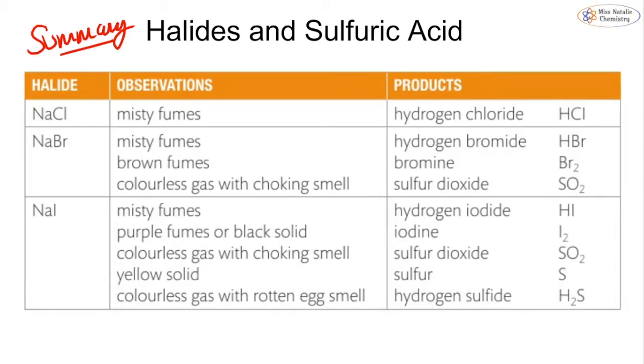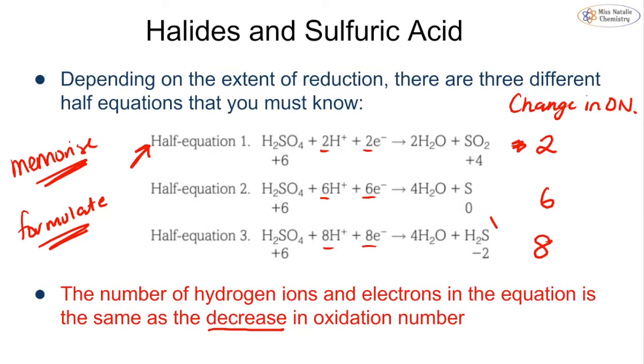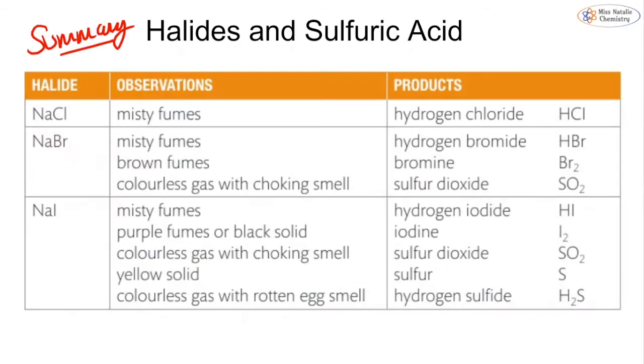And we also see all 3 of our reduction products from the sulfuric acid. So the colourless gas with choking smell is your sulfur dioxide. We see a yellow solid, which is the sulfur, and the colourless gas with the rotten egg smell is hydrogen sulfide. So when we have iodine or iodide, we are seeing all 3 of these half equations happening because it is much more reducing than the others.